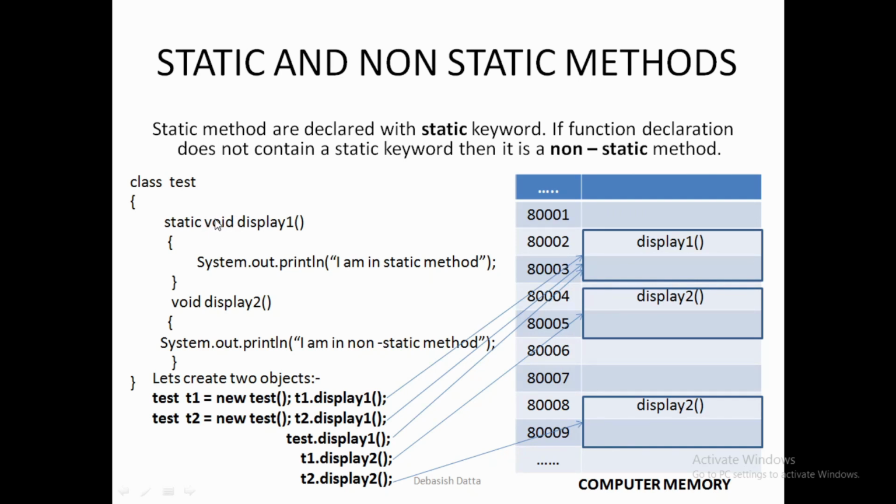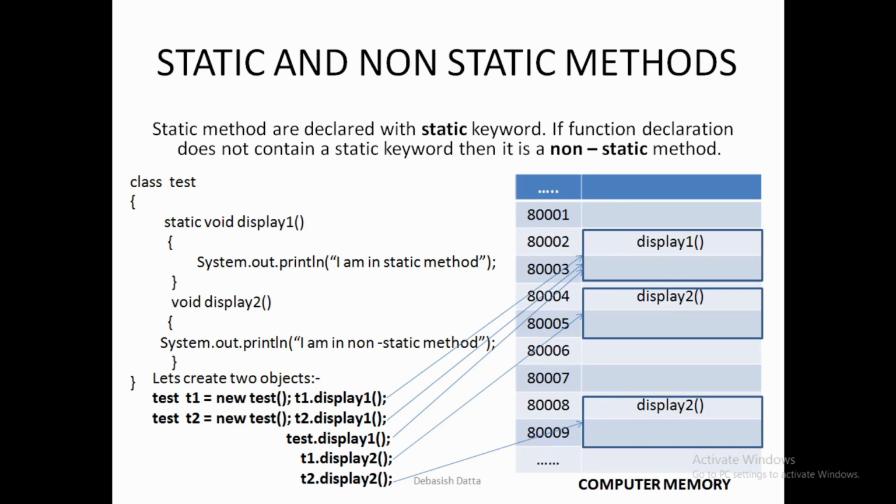Here the return type of this display function is void, and before that we have written the static keyword. Hence the display function has become static, and the display2 function, as no static keyword is written before its return type, is a non-static function.